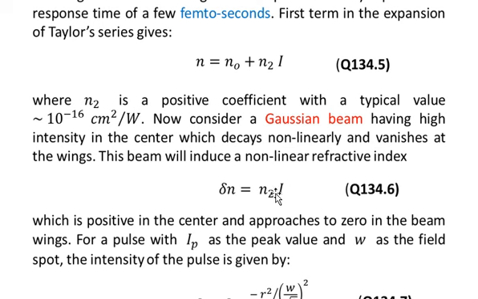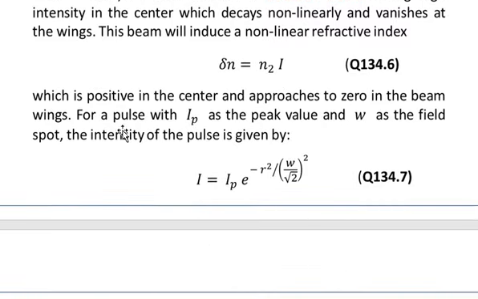The second term is intensity dependent and it will change due to the powerful intensity incident on the Kerr medium, which is positive in the center and approaches zero in the beam wings, because it will follow the same profile as the Gaussian beam.